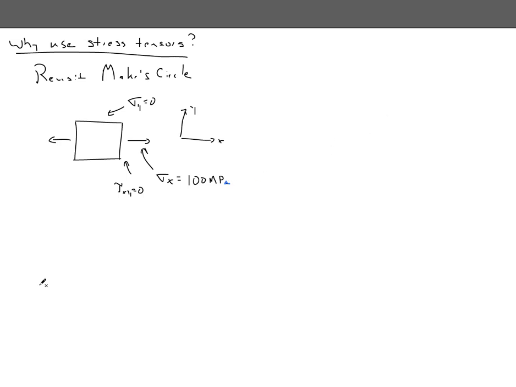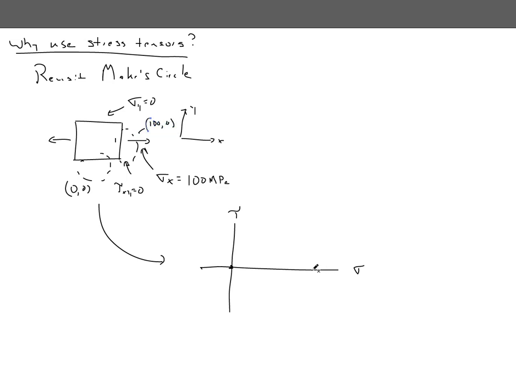So we can put that in terms of Mohr's circle. We have some normal stress relationship, some shear stress relationship. Off of this surface here, we have 0, 0. And off of this surface here, we have 100, 0.